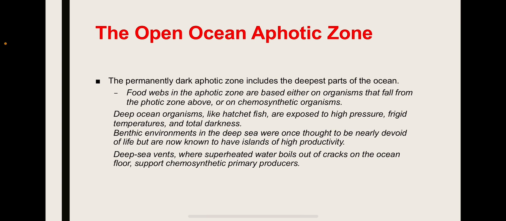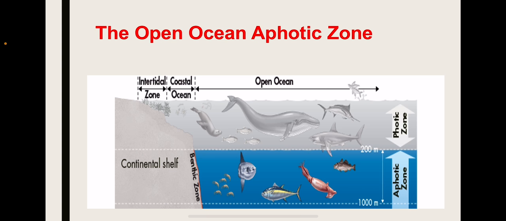These environments in the deep sea were once thought to be nearly devoid of life, but are now known to have islands of hyperactivity, deep sea vents where superheated water pours out of the ocean floor and supports chemosynthetic primary producers. Let's see the graph of the open aquatic zone done by Mahmoud Bahaa.